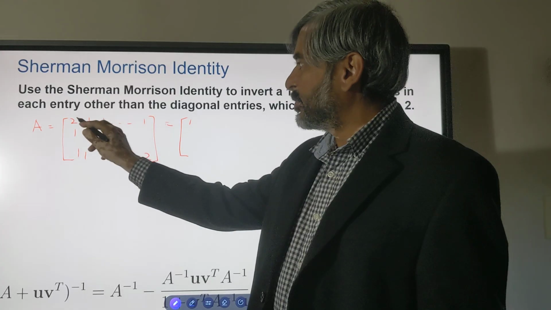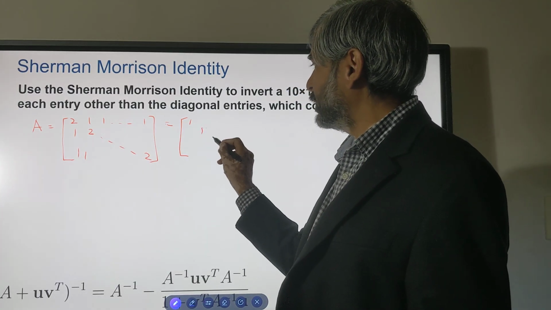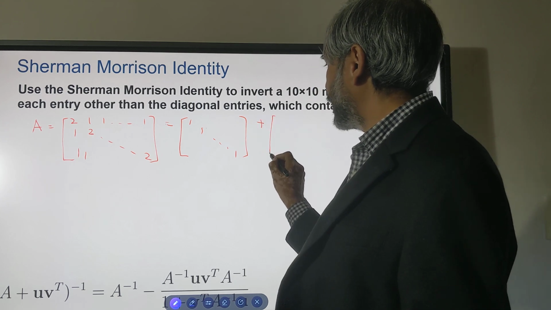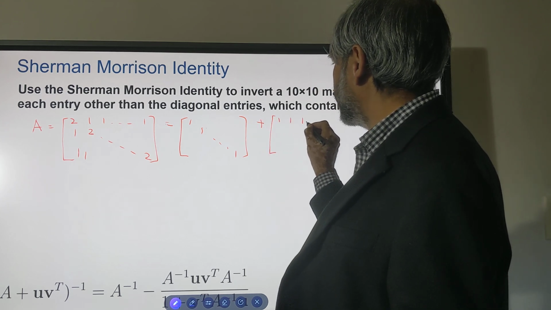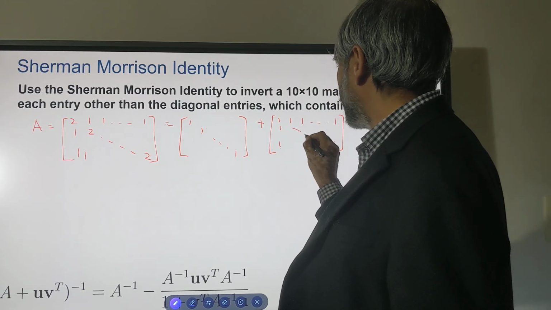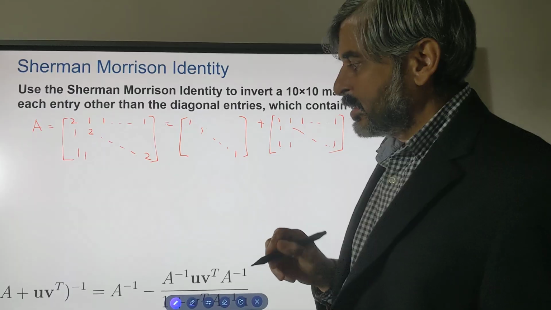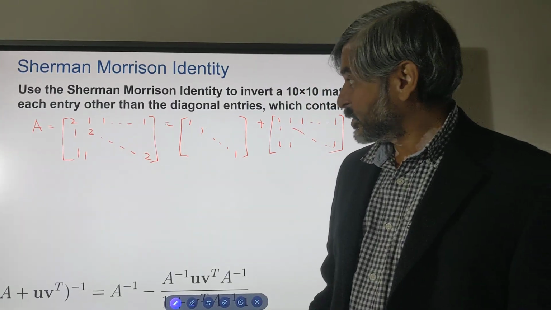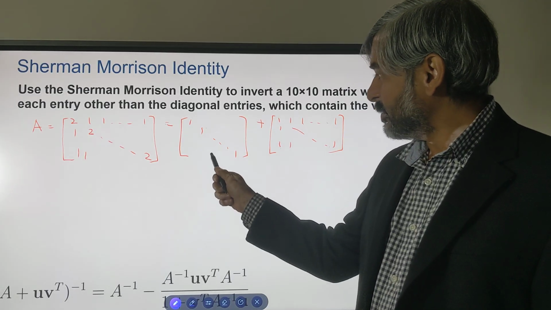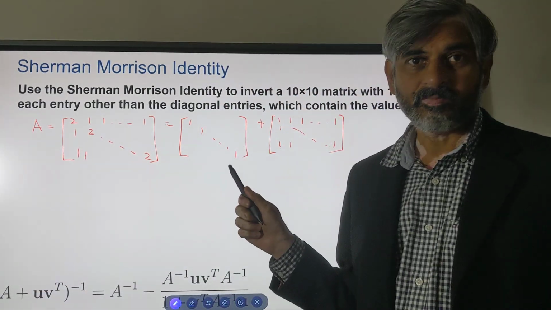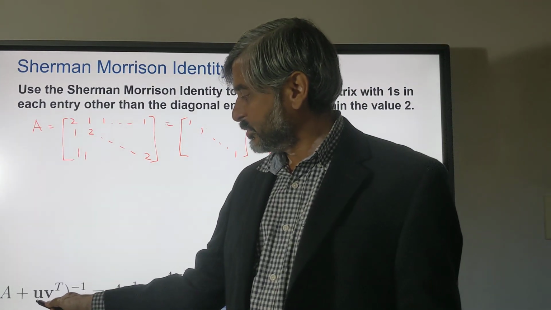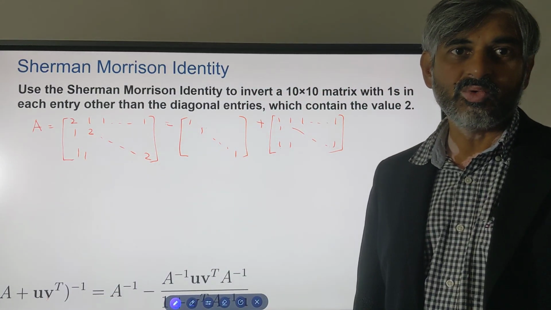One is the identity matrix, where I break it up so all the diagonal elements are 1, and then there is another matrix which has all entries as 1, and these are the 10 elements. The rationale for doing this is that we are trying to make this A matrix the identity matrix, and this other matrix I'm trying to write as a product of two rank-one matrices U and V.